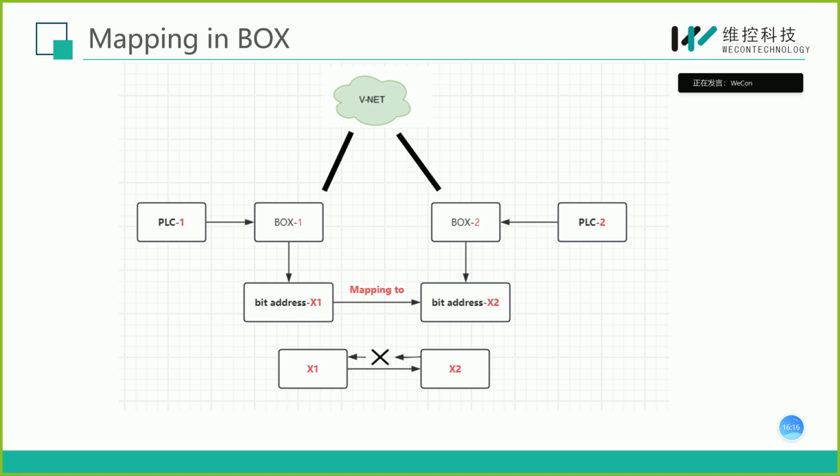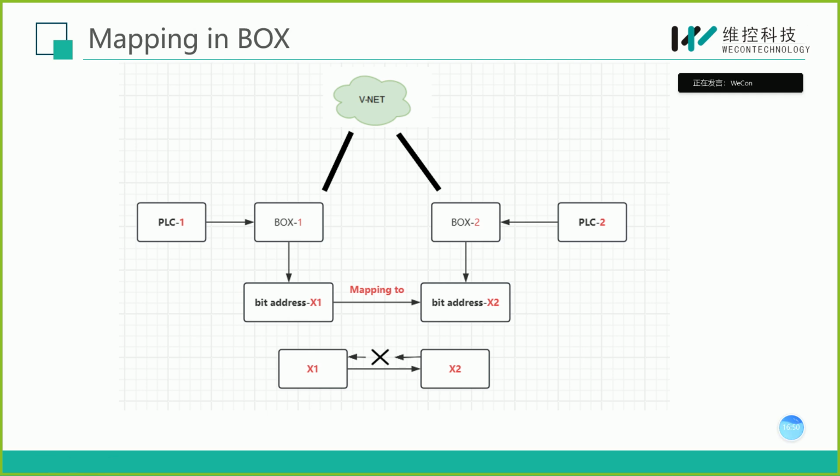In this picture, I have two Webox, box 1 and box 2, and they communicate to PLC 1 and PLC 2. I create a byte address X1 to control PLC X1 and a byte address X2 to control PLC X2. Now I map X1 to X2.